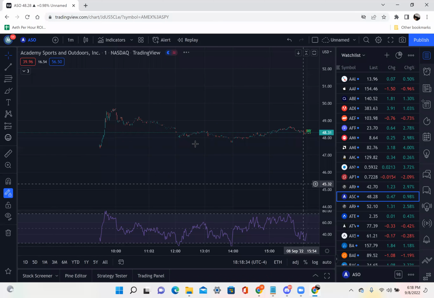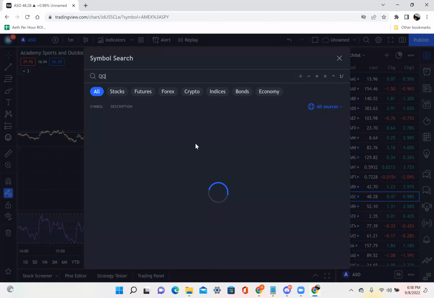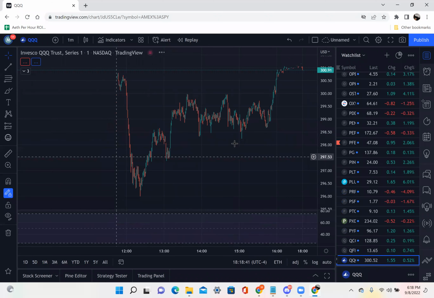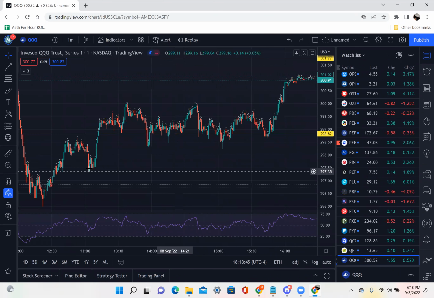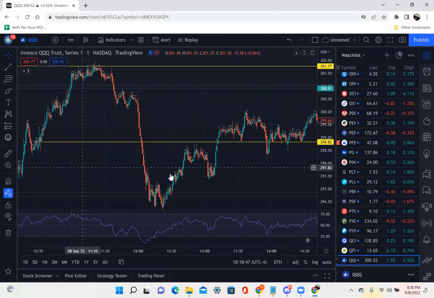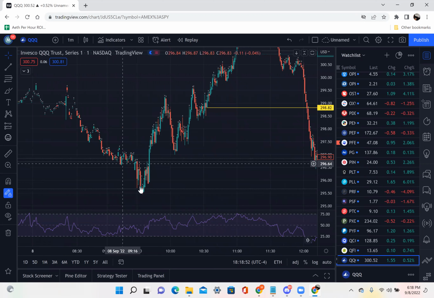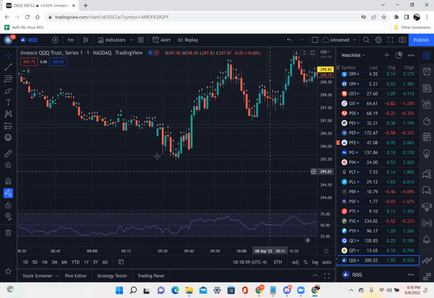1 minute. Let's just go to QQQ, something a lot of people are familiar with. QQQ right here, 1 minute chart. This is so beautiful. All right, so pre-market, all the way into here, market opens. Since we talk about cup and handles, I just want to show it to you.